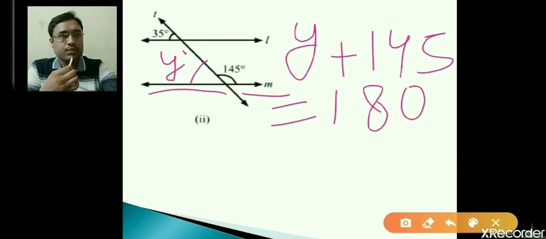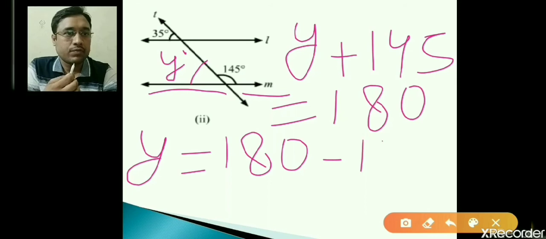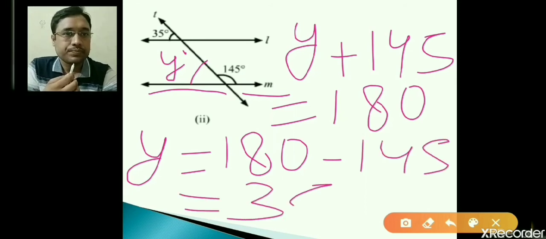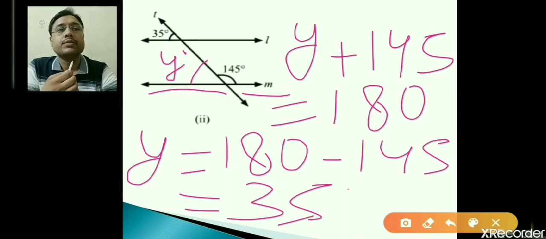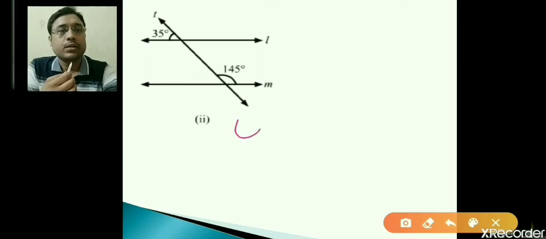So Y plus 145 is 180, then you will solve that Y equals 180 minus 145. So this will come to 35 degrees. So the Y value is 35 degrees.